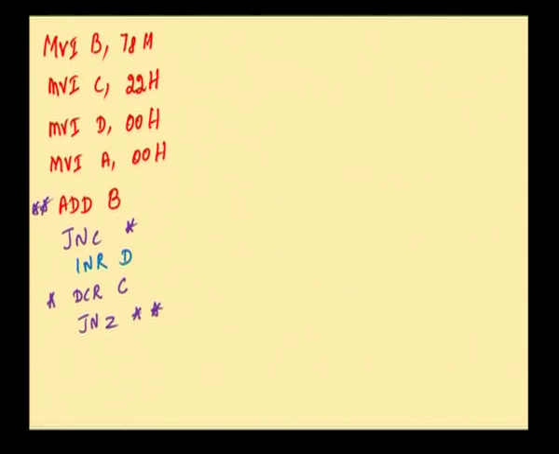Okay. So, add, if any carry occurred, increase the D, then decrease the counter, then rotate it. If no carry, without increasing the D register, simply decrease the counter and rotate it. Whenever it exceeds the size, only then the INR D instruction will be executed.